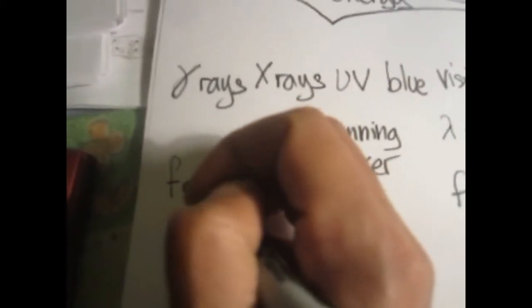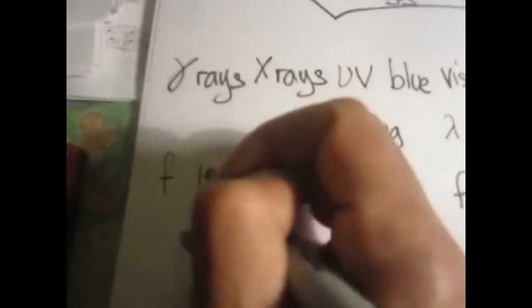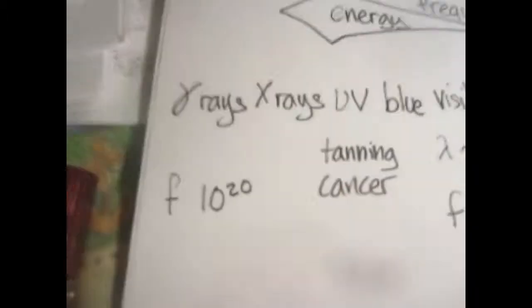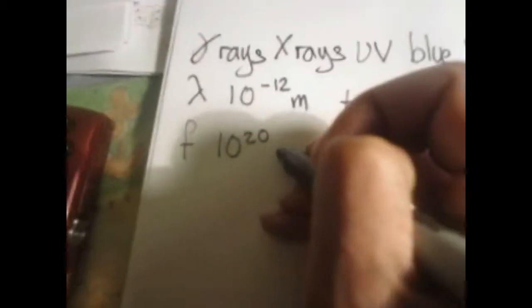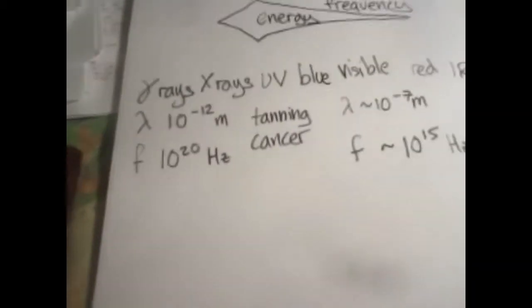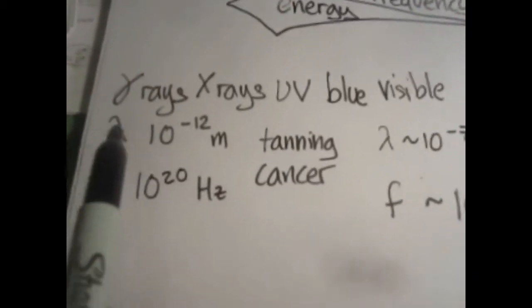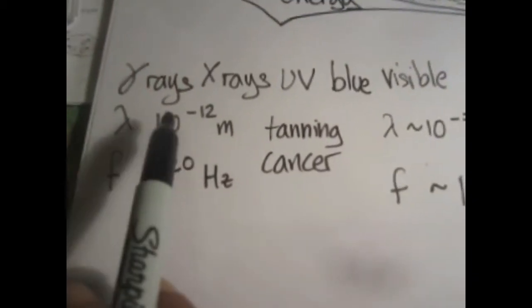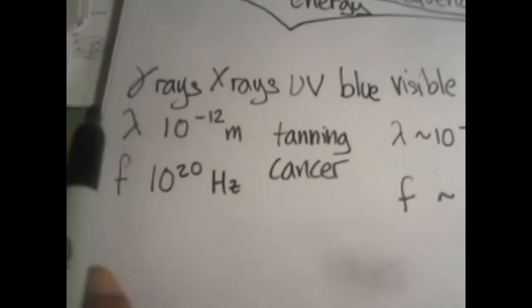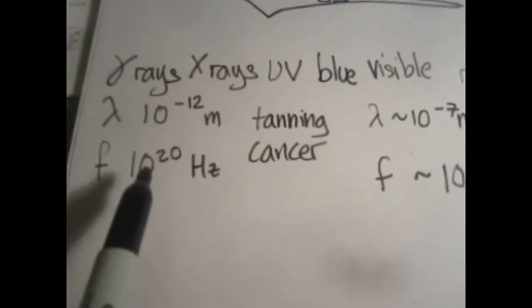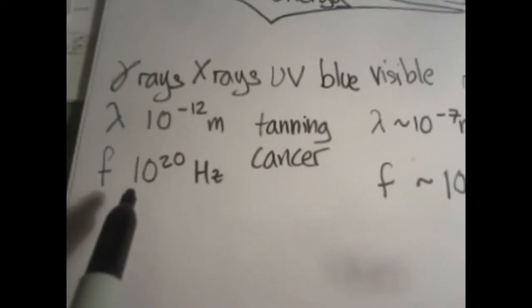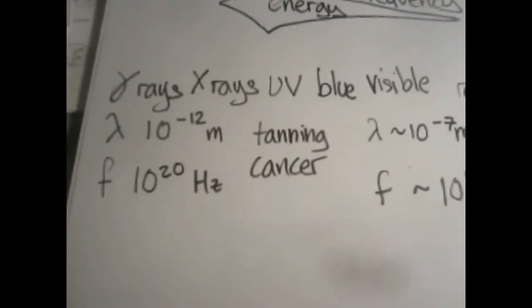The frequency for gamma rays is more, it starts at about 10 to the 20. So the frequency has gone up, and the wavelength is about 10 to the minus 12 meters. Anything with a wavelength smaller than about 10 to the minus 12 meters is a gamma ray, and anything with a frequency higher than about 10 to the 20 hertz is a gamma ray.